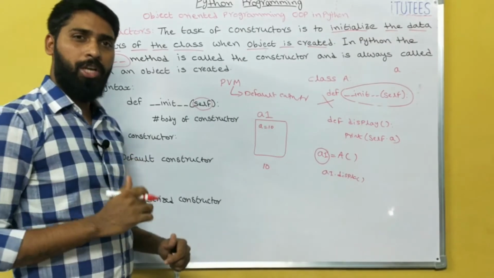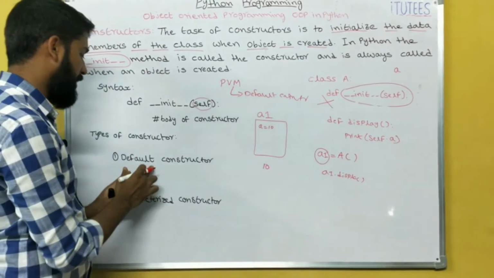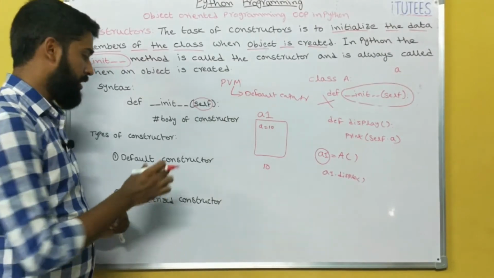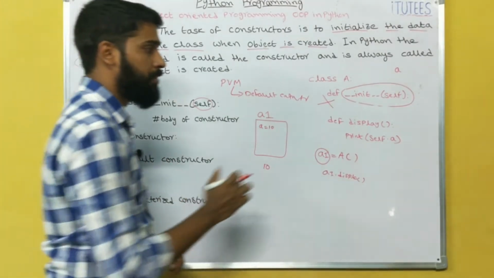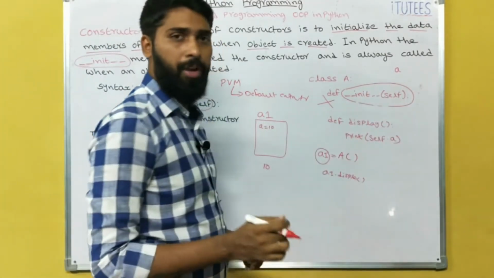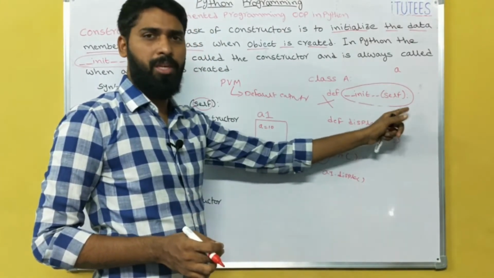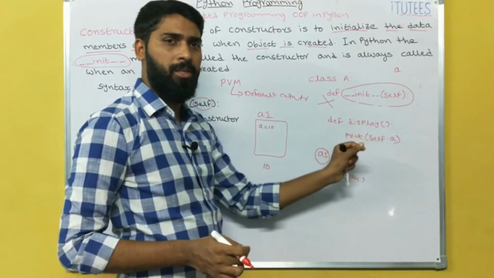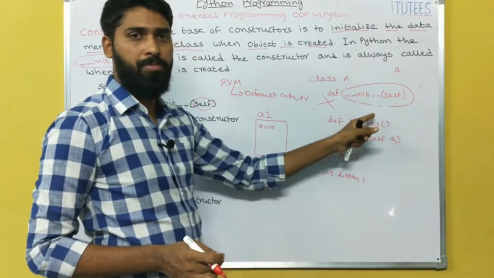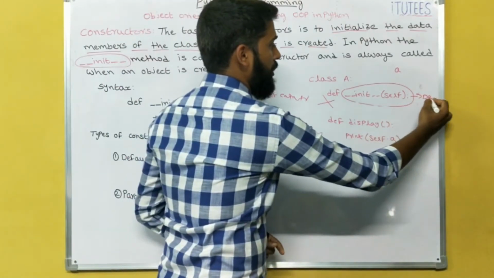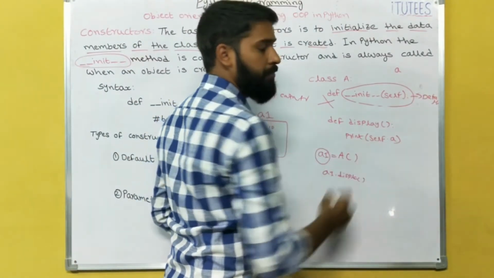There are two types of constructors: default constructor and parameterized constructor. Default constructor means no arguments. In this constructor there are no arguments except self. Self is common to all constructors and methods to access the current object members. So this is called a default constructor.